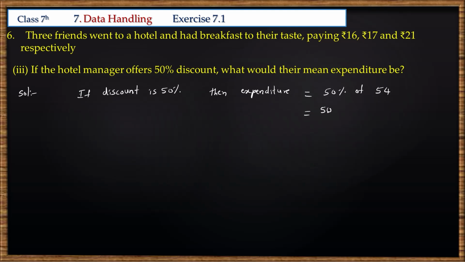So 50 by 100 into 54. 5 1s are 5, 5 2s are 10, 2 1s are 2, 2 27s are 54. This is equal to 27 rupees.